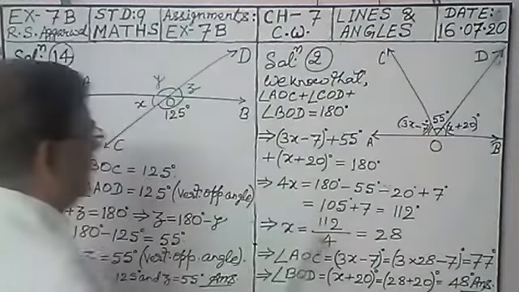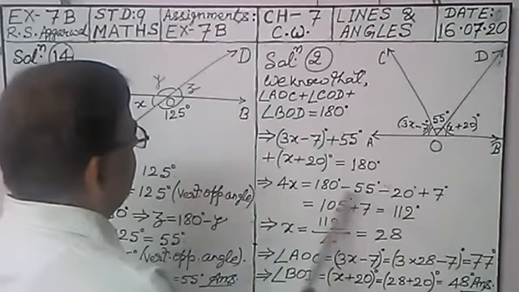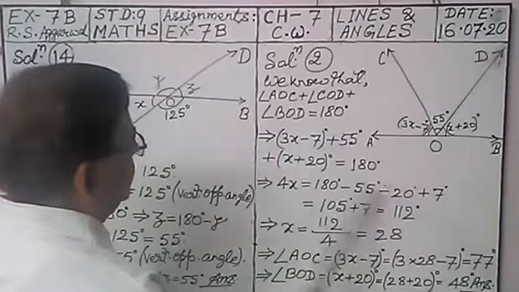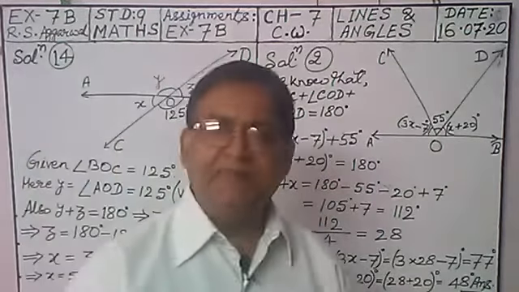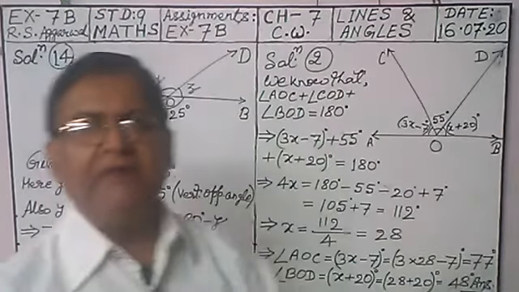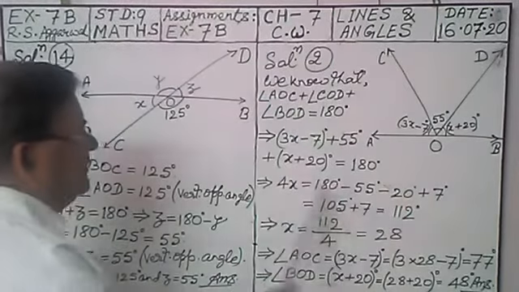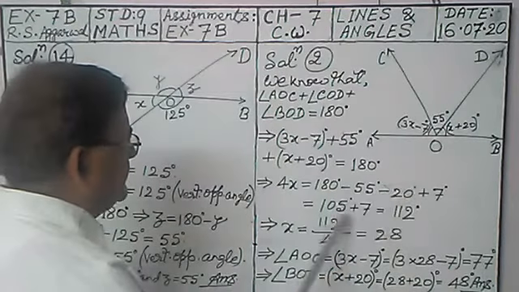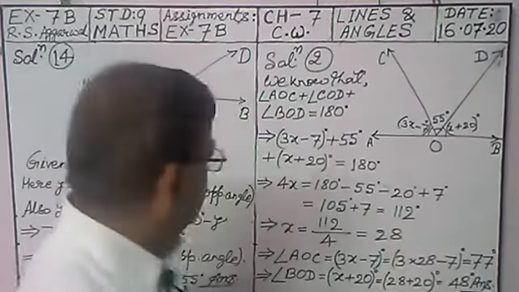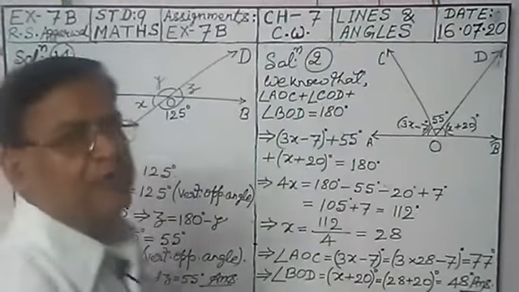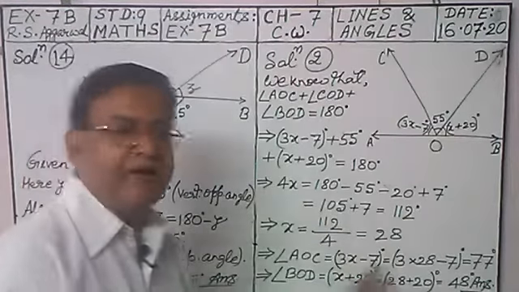So 55 becomes minus 55, plus 20 becomes minus 20, and minus 7 changes to plus 7. What you will get is 4x equals 105 plus 7, that is 112. So x will be 112 by 4, that is 28 degrees. The value of x is 28.